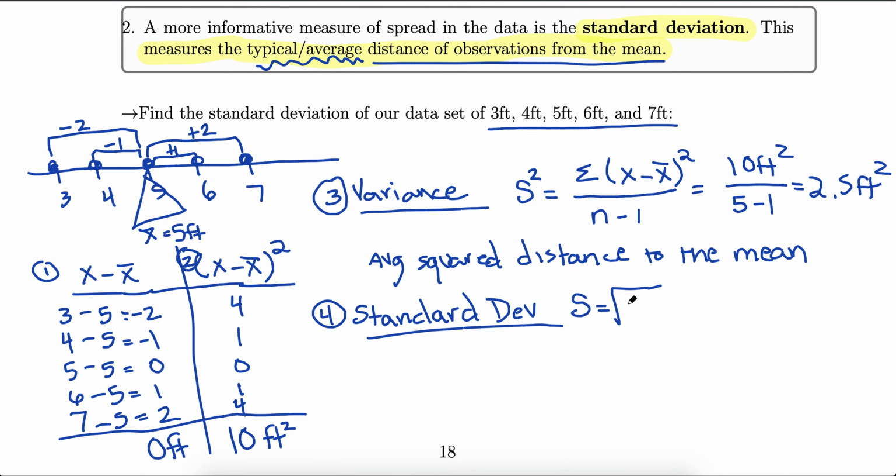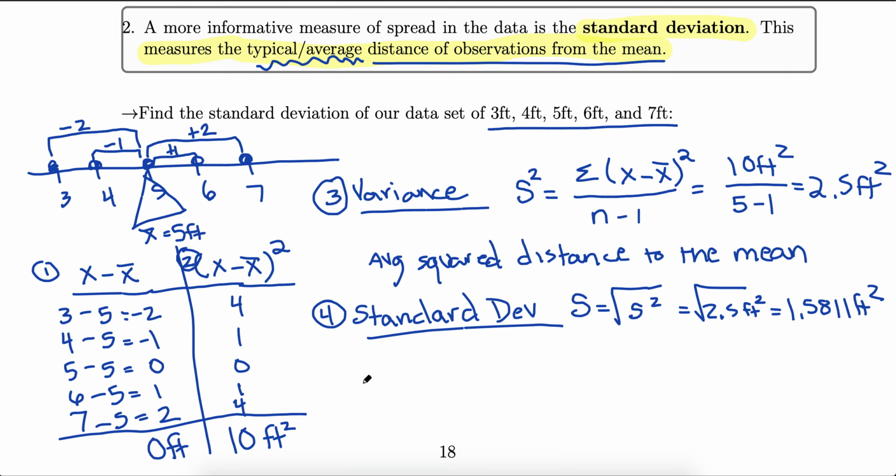Sorry about my pen here. I don't know why this pen tool is acting funny. So s squared. So in our example, the square root of 2.5 feet squared, and it should give you 1.5811 feet squared.